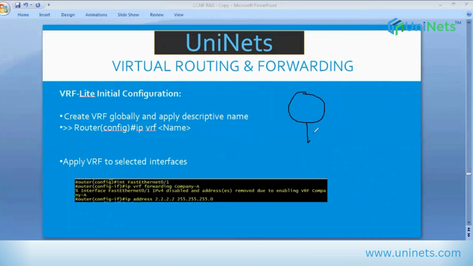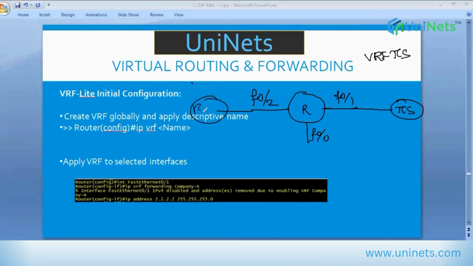I have three interfaces: F0/0, F0/1, F0/2. I want TCS to be part of VRF TCS, and BT to be part of VRF BT. So how will I do this?